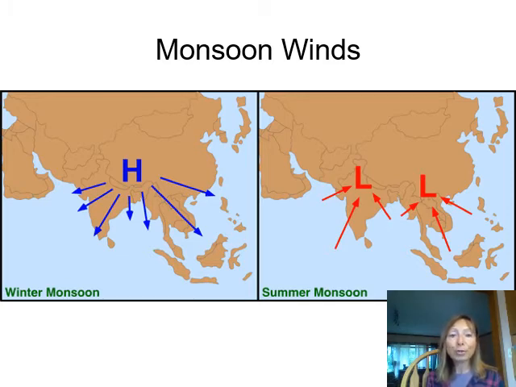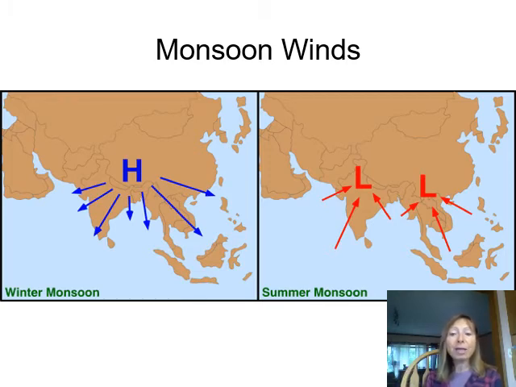During the winter monsoon, the high pressure establishes over most of Asia, over Siberia and Western China, where the continent is much, much colder compared to the ocean. And so there is this huge contrast between the cold continent and the warm ocean, causing a very high pressure system to establish over the continent and a low pressure system to establish over the ocean.